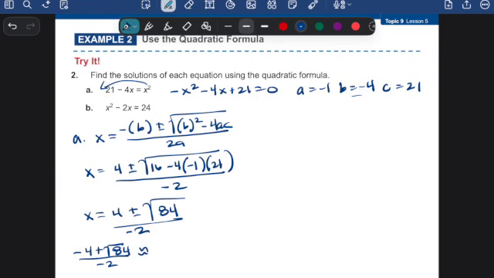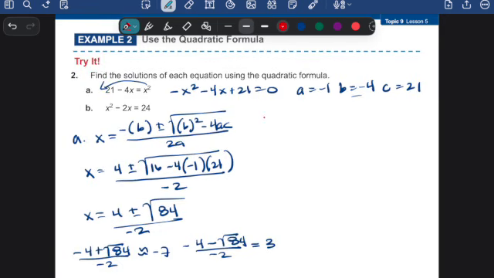We'll get approximately, this is going to be our negative value, -7, because we'll have a positive number divided by a negative will give us -7. And 4 minus the square root of 84 divided by -2, this will give us a positive value, so that will equal 3.